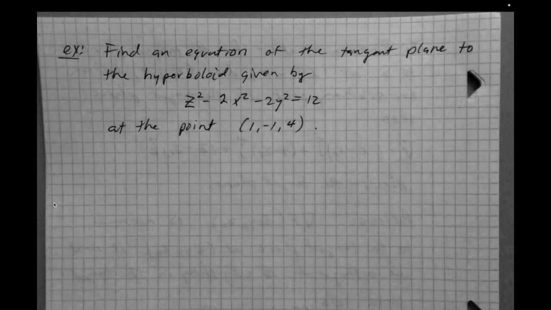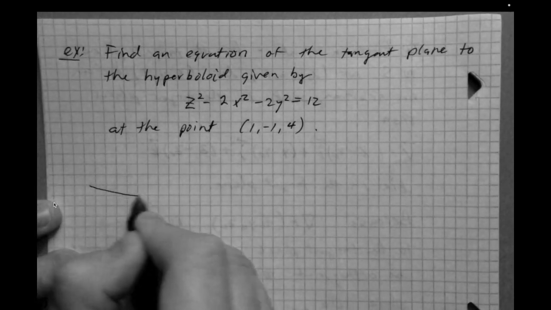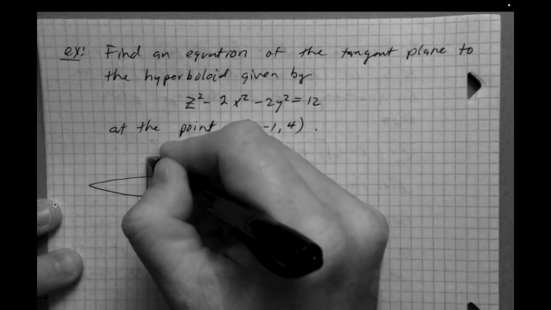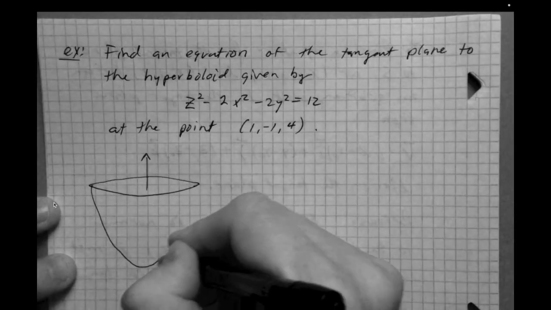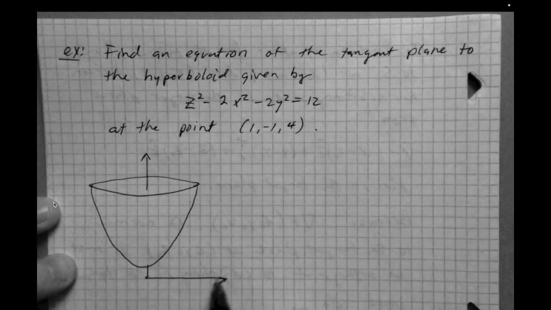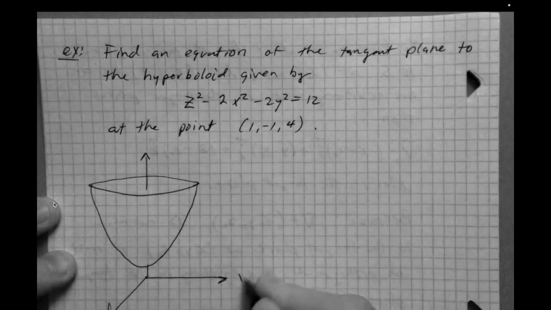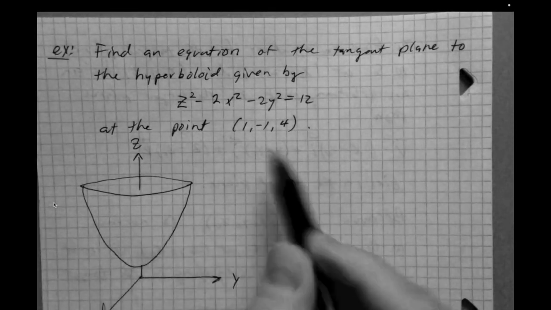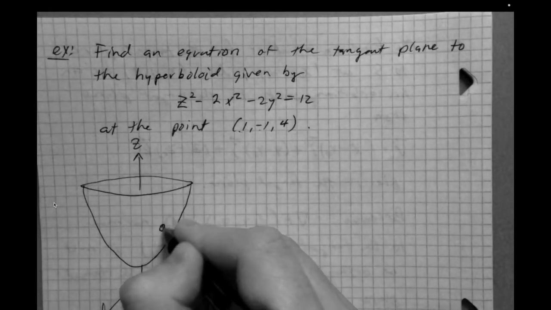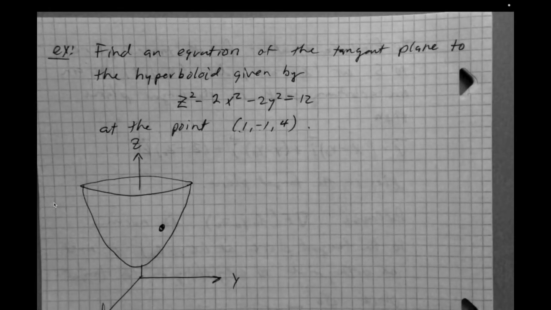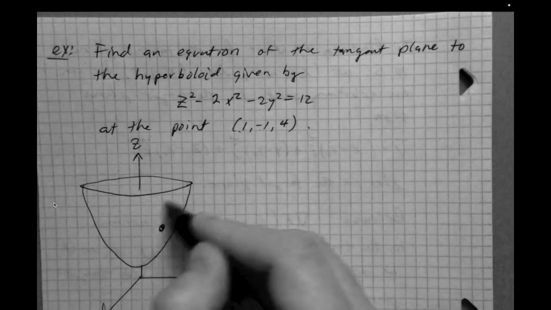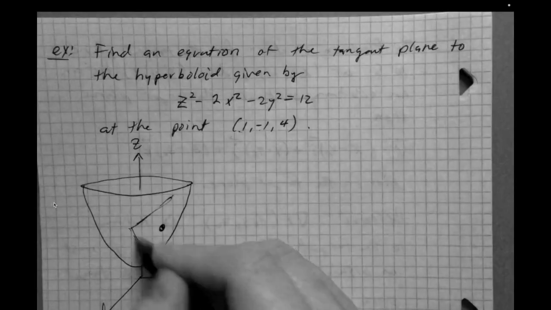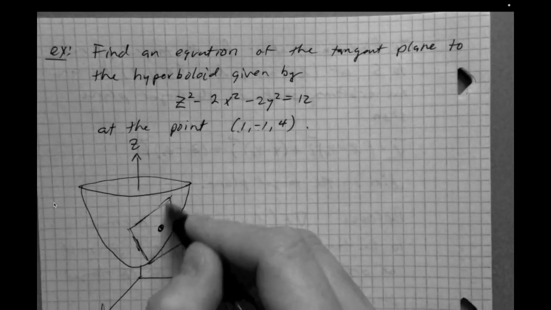Okay, and so that's the first example. So a hyperboloid, right? Remember, a hyperboloid kind of looks like this. This is just some kind of generalization of it, but it'll vary obviously depending on the equation. But you've got your x, y, and z. It kind of looks something like this. And for a hyperboloid like this, what we're basically given is some point on the surface, right? So maybe it's right here, for example. And what we're asked to identify is a plane that could be characterized as tangent to the hyperboloid at just this point, right?